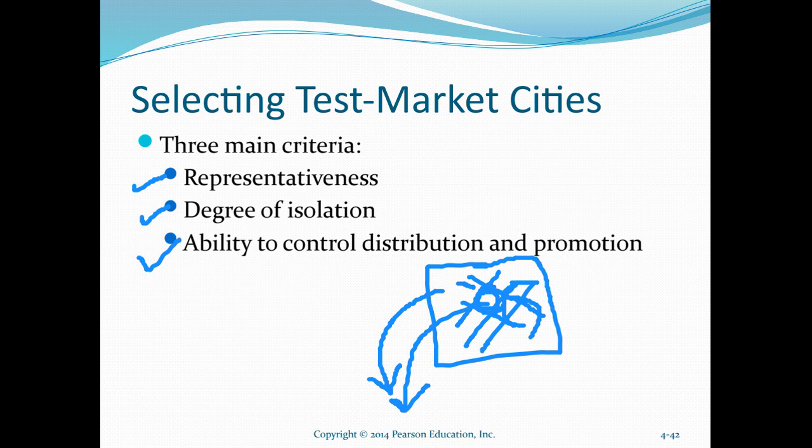Imagine if you cannot control the price, or the advertisements, then how would you judge the effect on consumer behavior? So these are the three criteria to test market cities for new products or services that we are going to offer.